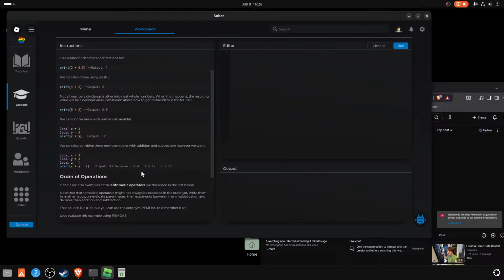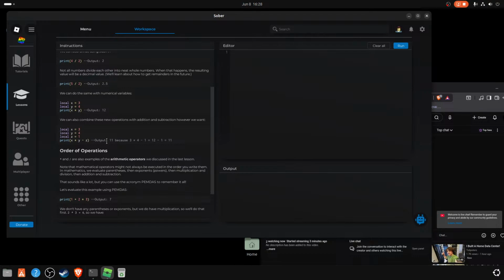So, 3 times 4 minus 1, yeah, okay. It's the same sort of order of operations I would imagine, like first, inner, outer, last kind of math stuff. Oh, okay, here it talks about order of operations. Note that mathematical operators might not always be executed in the order you write them.